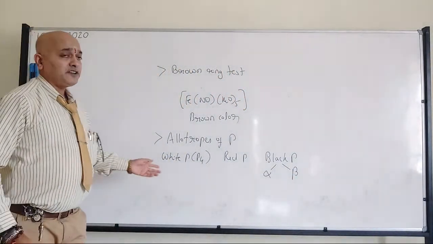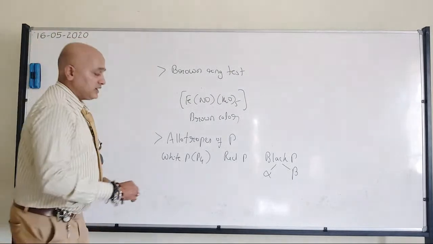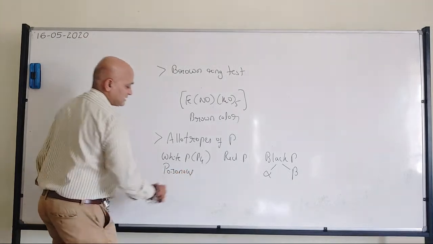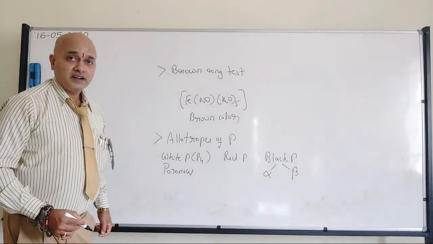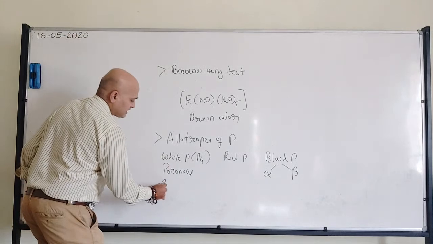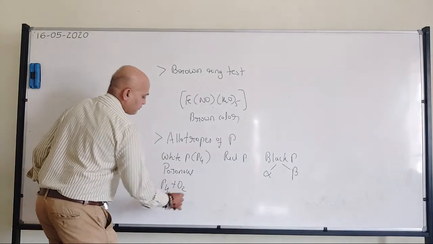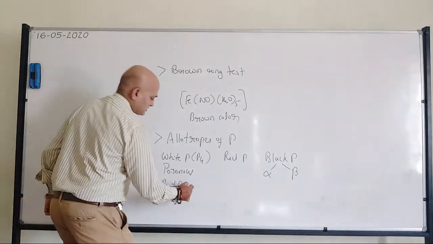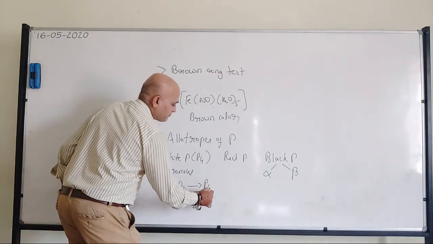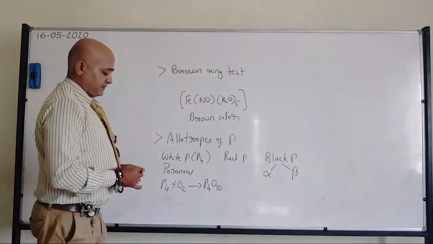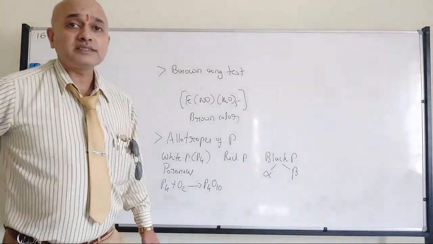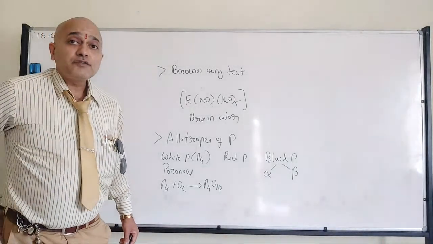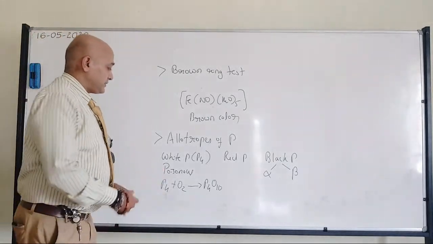Now when it comes to white phosphorus, all of us know it is poisonous, highly reactive, right? Whenever this is exposed to the atmosphere, there will be formation of phosphorus pentoxide. So what is the formula? P4O10.